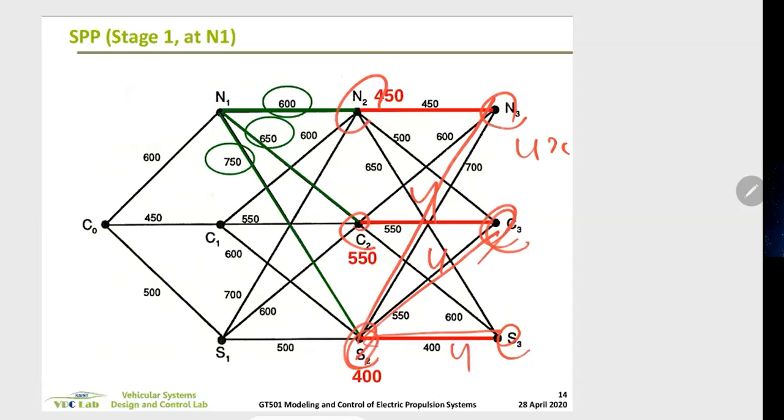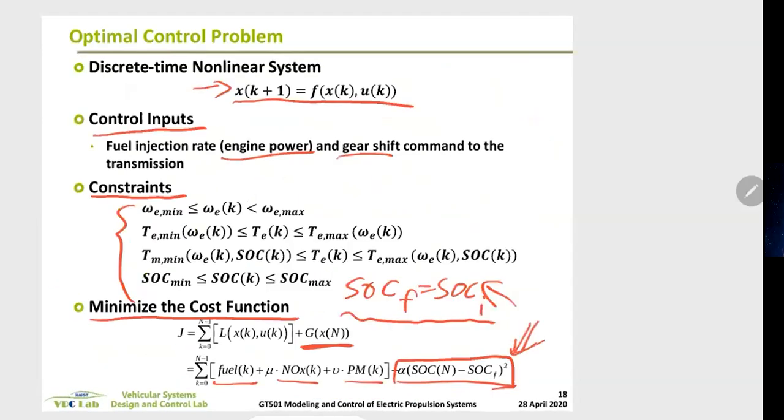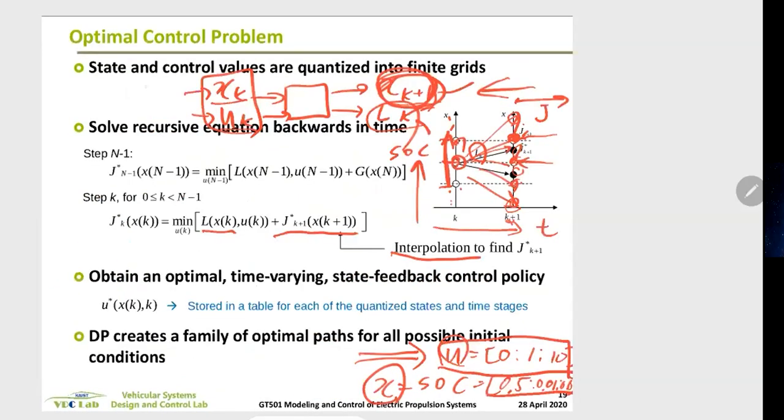But now we need a different model, and this is called the backward model. So this is the original model, current state and control action, and then you get fuel consumption and next time step state, forward model.